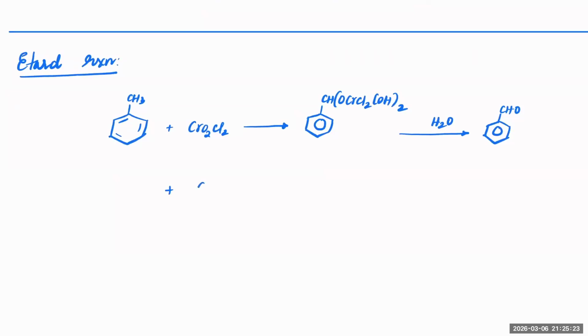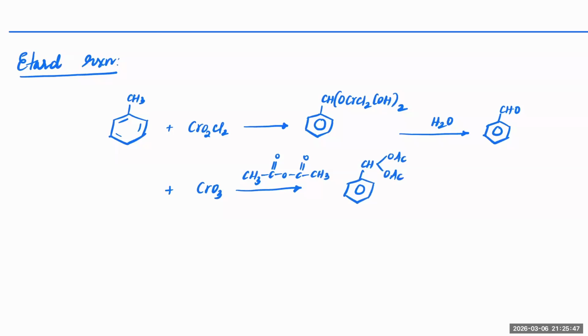An alternative reaction is CrO3 in the presence of anhydride, that is CH3-C double bond O-O-C double bond O-CH3. This will also make a very similar type. We will get OAc and OAc as the two groups connected here.